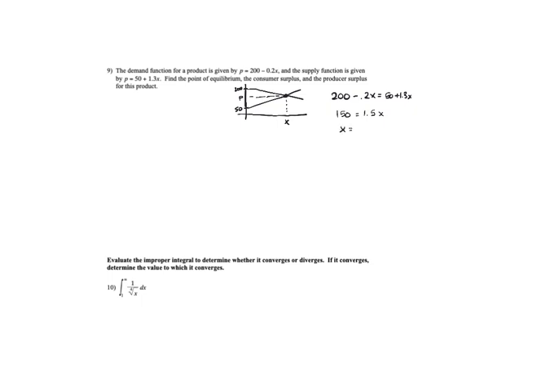So here we get x equals 100. That's number of units. To figure out the price at 100 units, we plug it into either one of these supply or demand functions. If we plug it into the demand function, we're going to get price equals $180. So that's equilibrium.